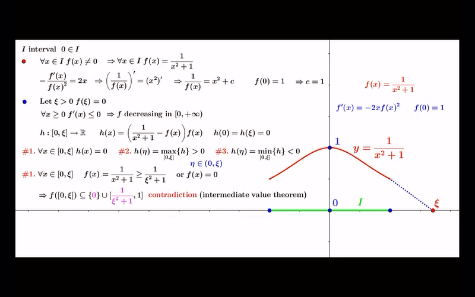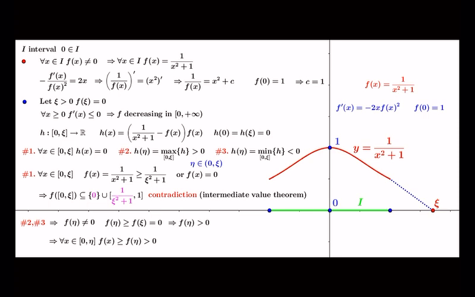For the second and the third case, it follows that f(η) is not equal to 0. The monotonicity of f implies on the one hand that f(η) is positive, and on the other hand that f has no roots in the closed interval from 0 to η.